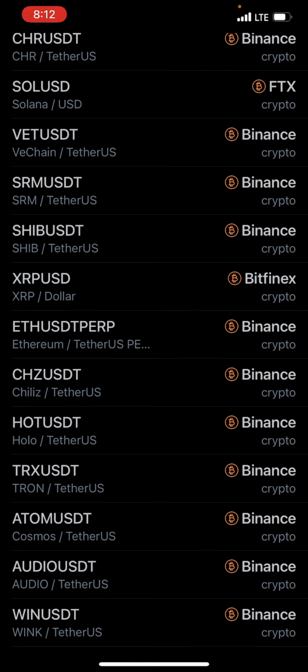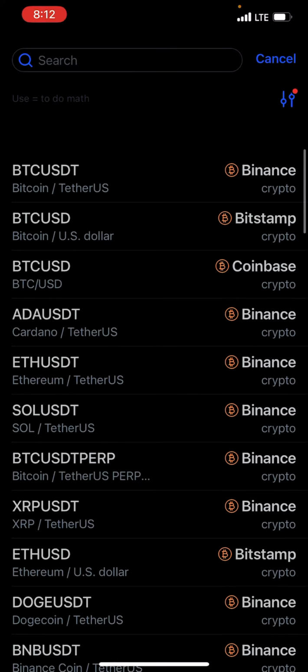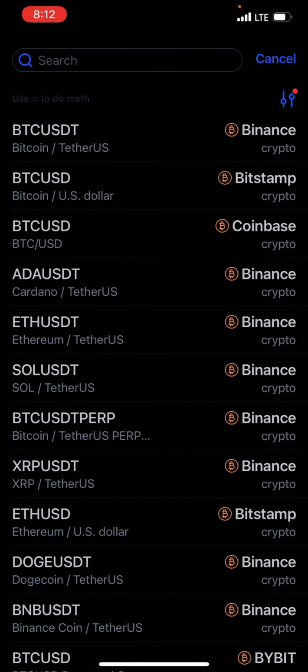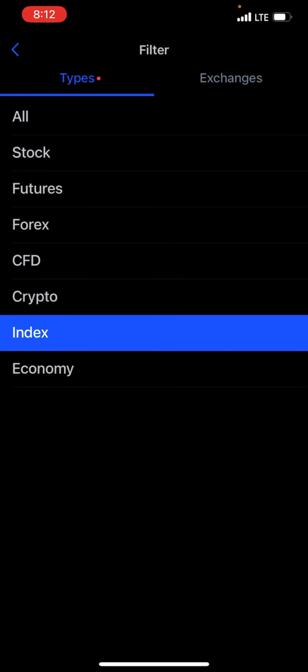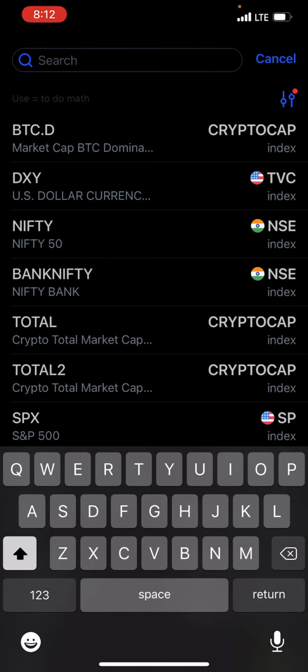Atom, obviously, and then Wink, which is WIN for the ticker. But again, this gives you a really good estimate of the most popular tickers, if you don't have access to a platform that keeps track of retail sentiment, let's say over Reddit or something.